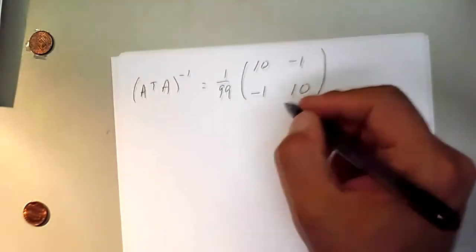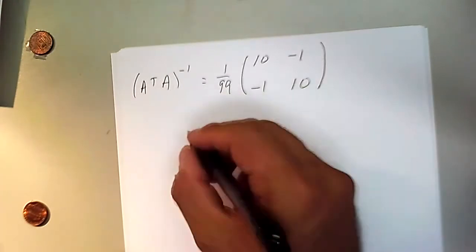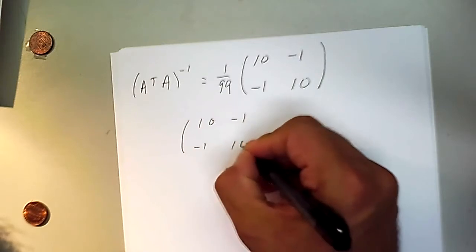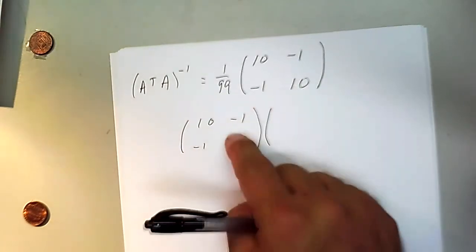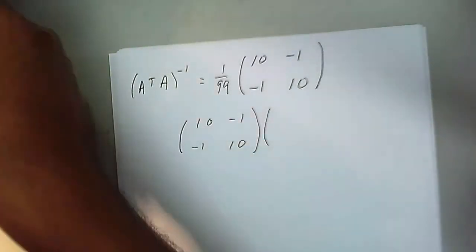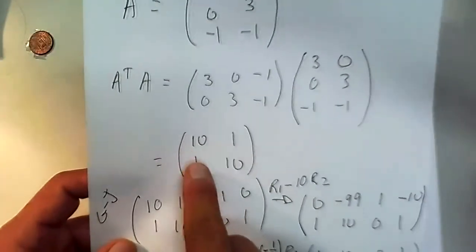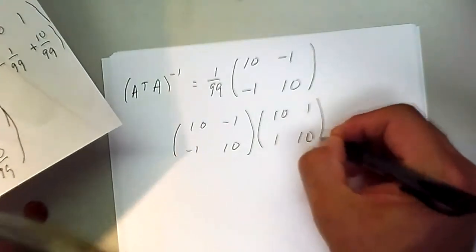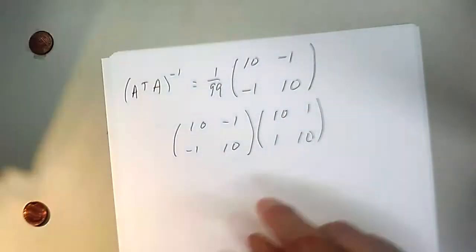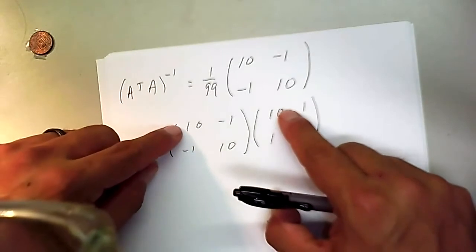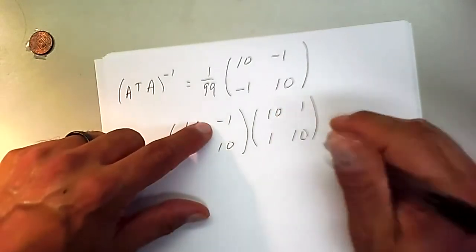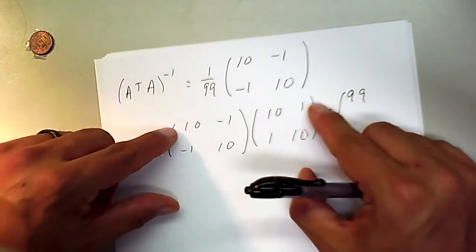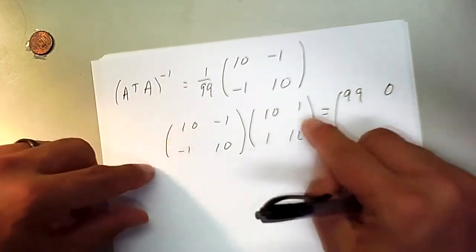You know, I want to double check. What was the original matrix? Negative 1, 10. So that is the one that we claim is the inverse, and the original matrix is 10, 1, 1, 10. Well, let's see. So we have 100 minus 1, 99. 10 minus 10, 0.